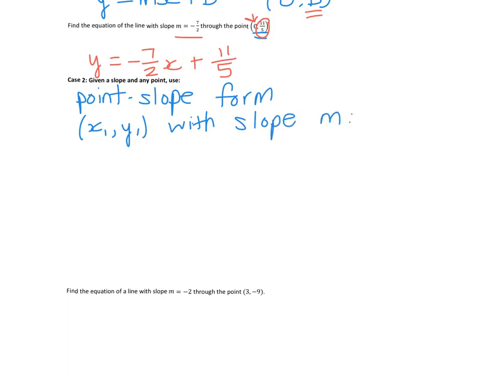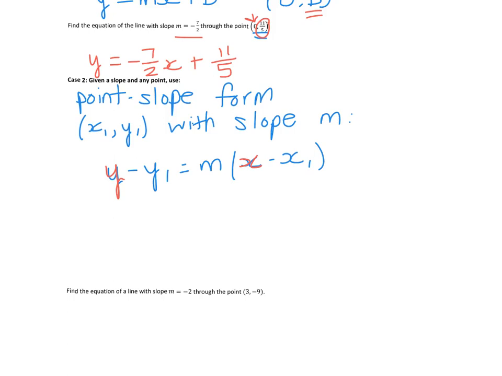That format looks like this. So again, it's in terms of y and x, but it's going to be y minus the y value is equal to the slope, parentheses, x minus the x value. All right, and this looks a little confusing. Just remember that the variable is x and y. So if it's not red, a number goes there.